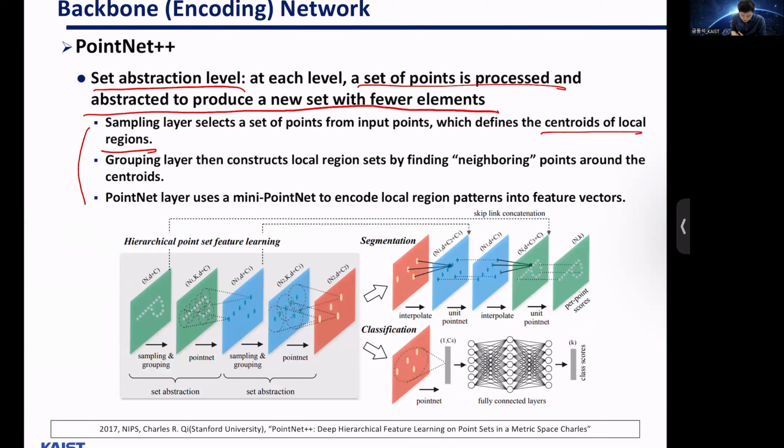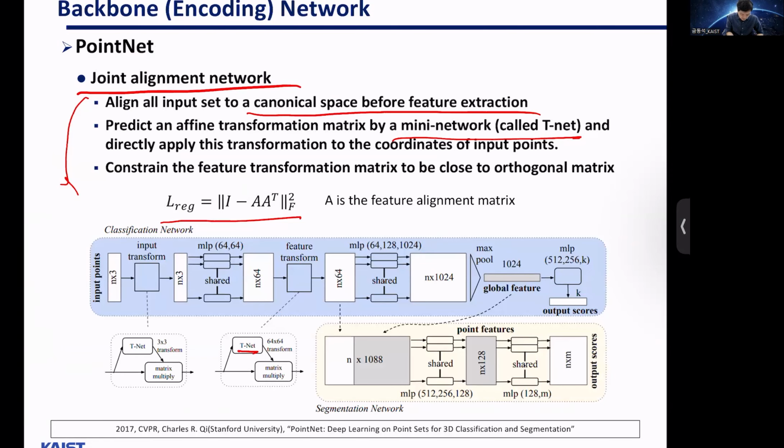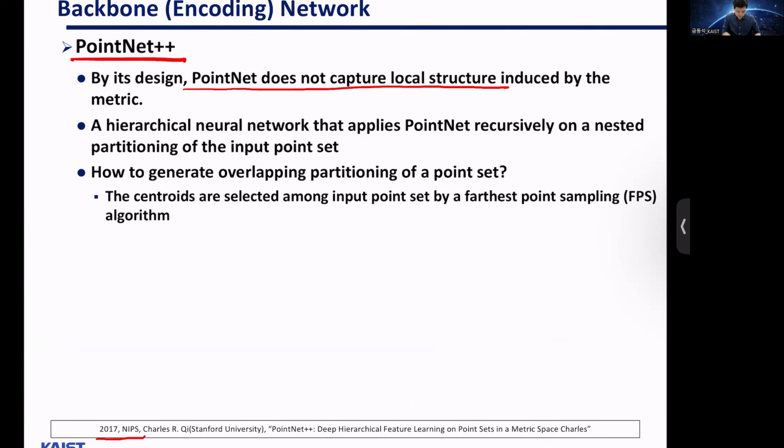So, that is what is introduced in this section, okay? The input is a point cloud, and then you have these small mini networks for feature extraction.